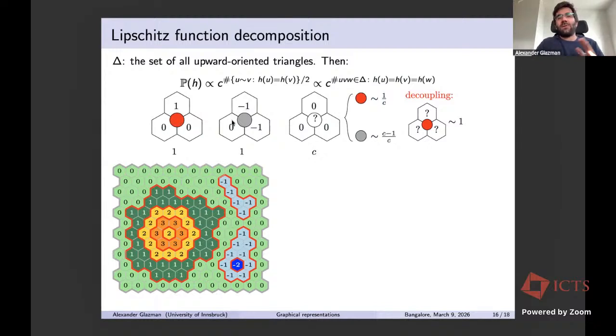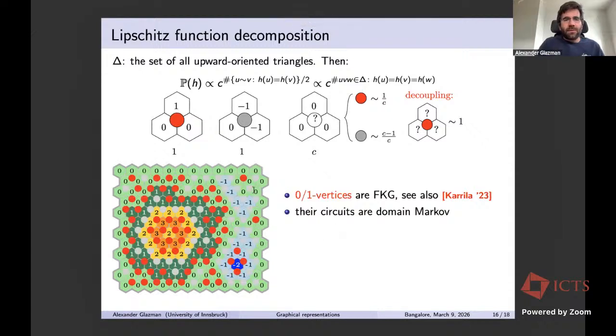If you have different heights, you automatically don't put the red point. And if you have all zeros or all ones, then you put this red point with probability 1 over C. Again, meaning that if you have a red point, you have weight 1 independently of the heights which are around it. That's its decoupling property.